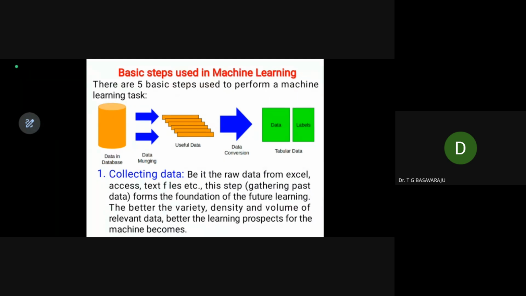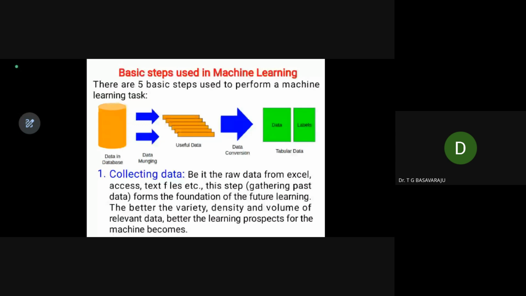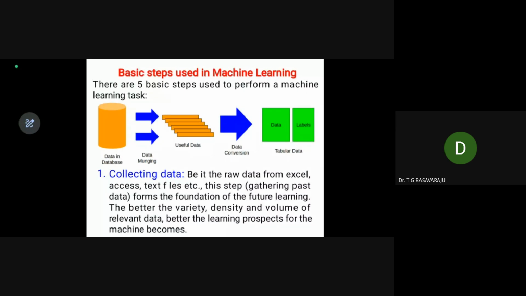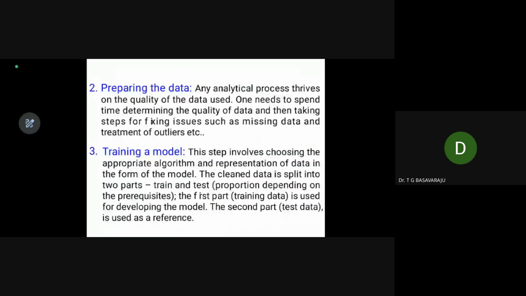Pre-processing means if you have any unused data, not useful data, redundant data, missing data, or outliers, all of that has to be removed and only useful data needs to be extracted. After that, data conversion has to be done so that all the data are in the same format. The tabular data is nothing but the data and the labels, so we are going to create labels using this. So that is preparing the data, as I just explained.